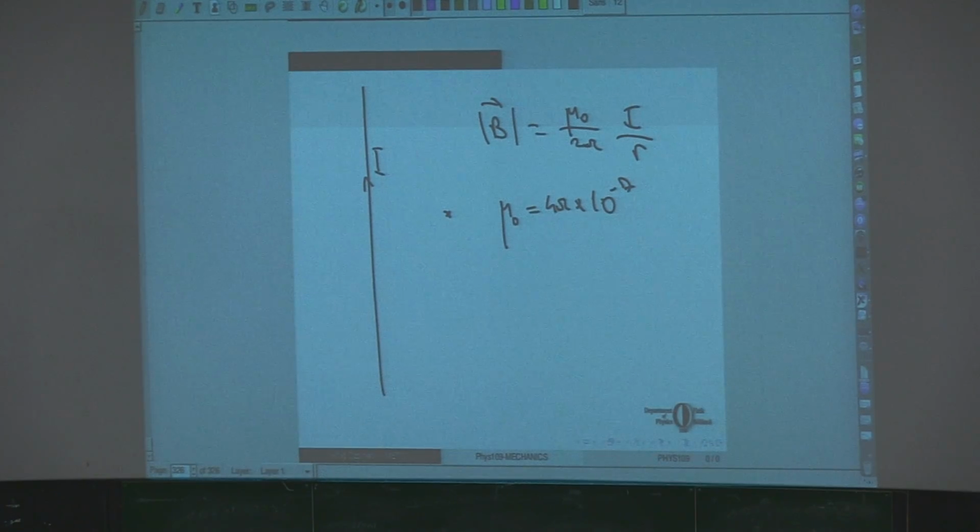What's the unit of mu0? What should be the unit of mu0? Tesla meters per ampere. What is Tesla? What's the unit of Tesla? How can we express it in terms of other units?